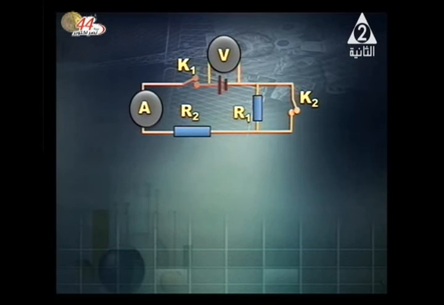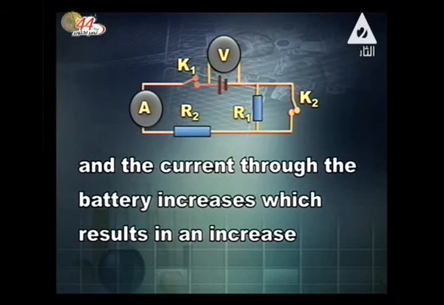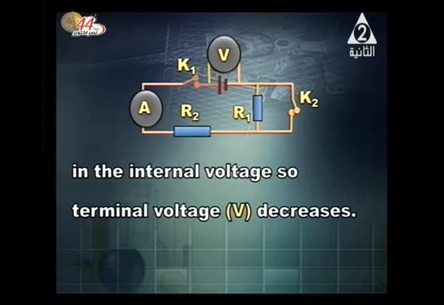So the current passing through the battery, through the whole circuit, increases. When the current increases, internal voltage increases, but external voltage decreases. So internal voltage increases, but terminal voltage decreases.